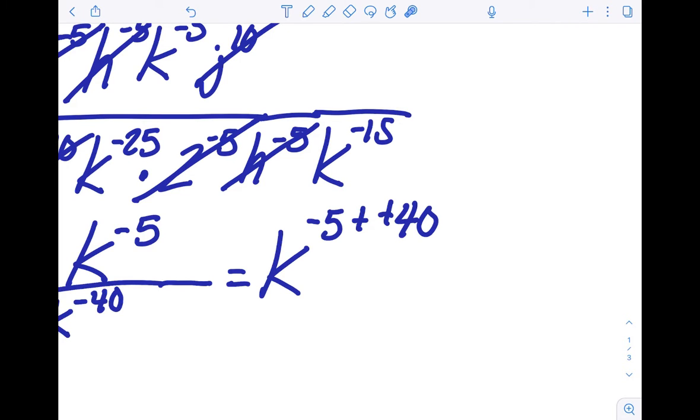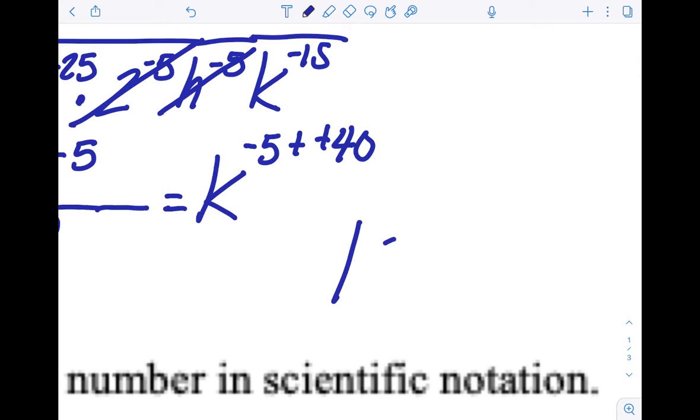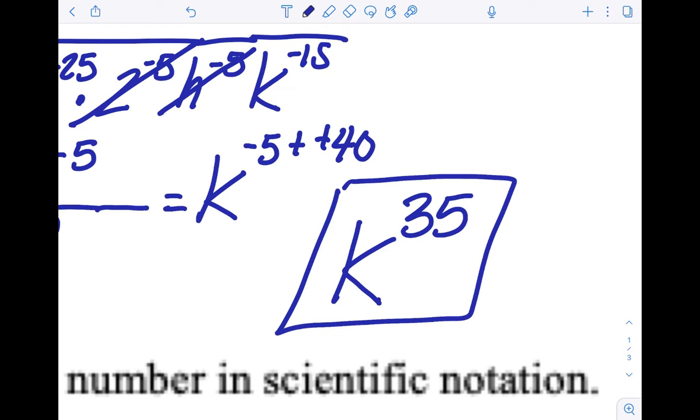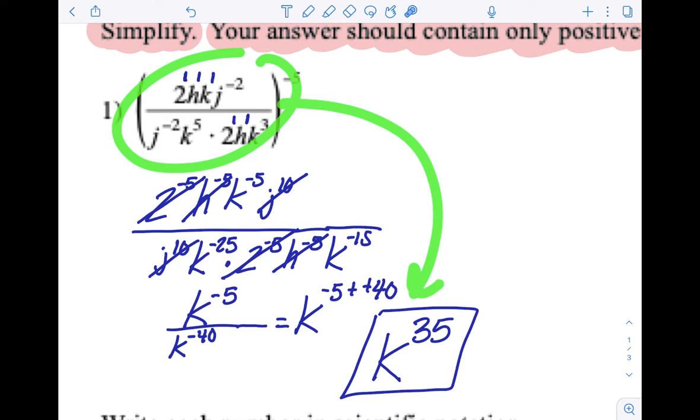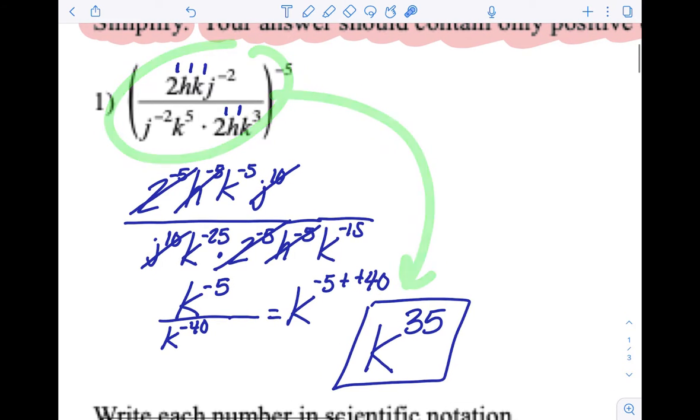And a positive 40 and a negative 5 gives me a positive 35, to give me a solution of k to the 35th power. And that's the only thing that's left in this entire problem here. Look at that. All of this gave us that. We simplified. Perfect.